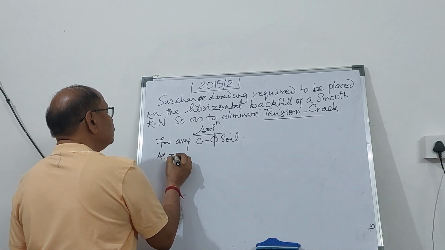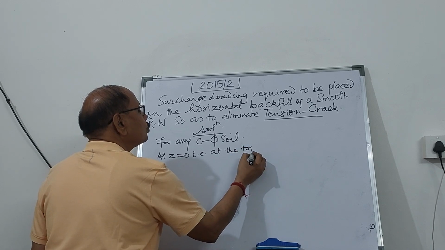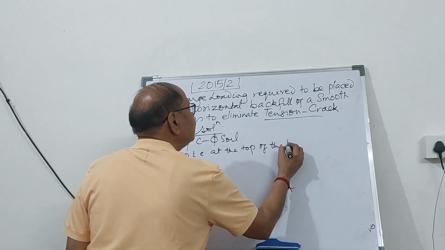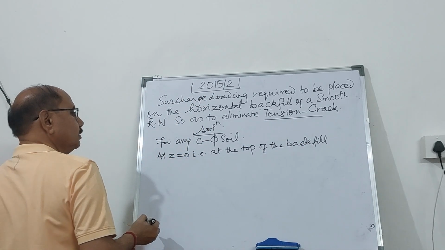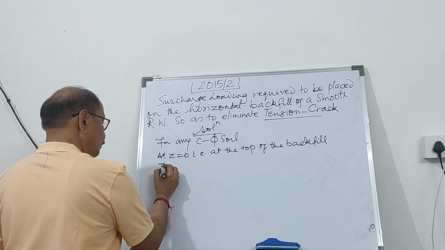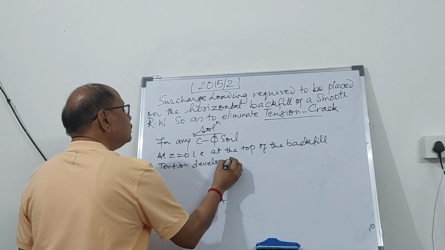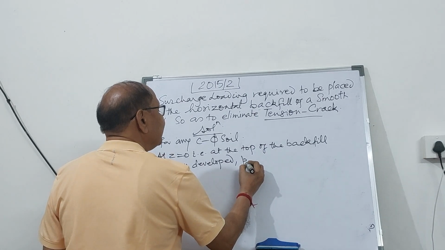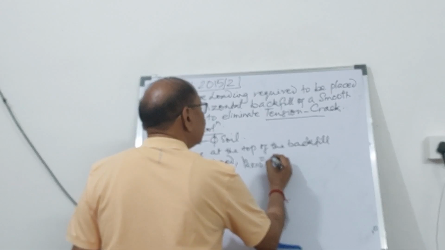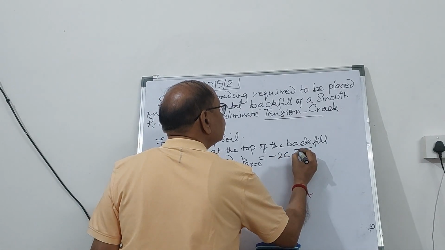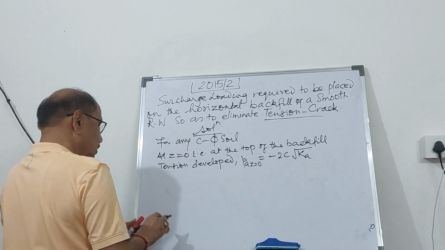At Z equal to 0, that is at the top of the backfill, the tension developed, that is PA at Z equal to 0, will be minus 2c under root K.